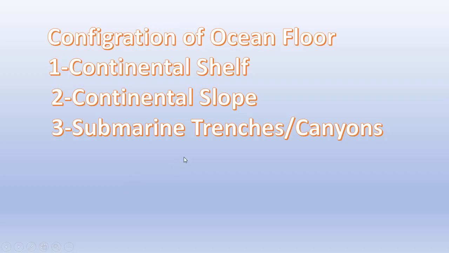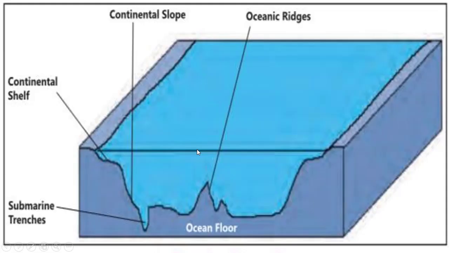Number 3, submarine trenches or canyons. Now we'll talk about the trenches or canyons. These are the deepest parts of the ocean, right? The continental slope merges into these deepest parts of the ocean that comprise narrow and V-shaped canyons called trenches.